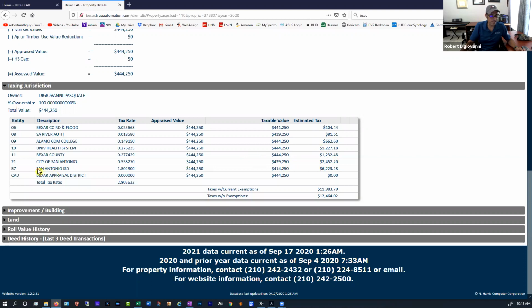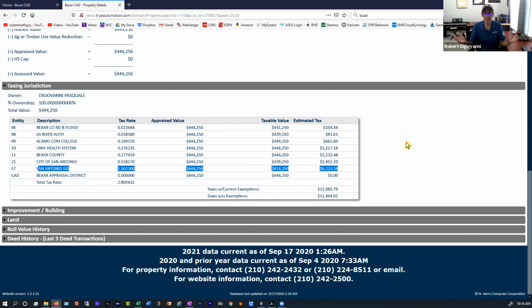Look at this one. Oh my goodness. Wow. San Antonio Independent School District gets $6,000 of the $12,000. That's like public school, right? Kids go to public school, and you know who pays those teachers? Who pays for all the facilities?